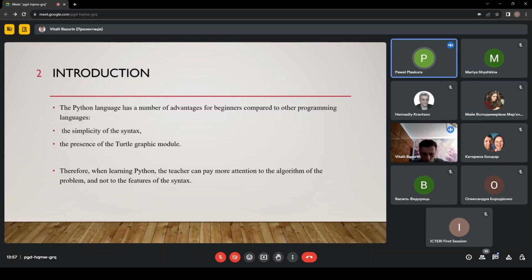Please switch off your camera because we cannot hear you. The sound is a little bit disrupted. Please turn off your camera because of the low quality of the sound.